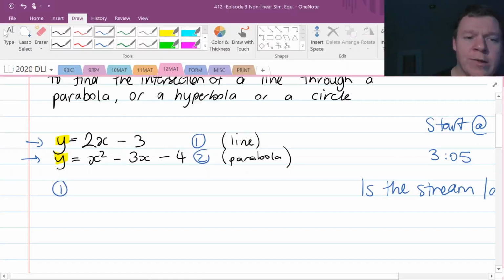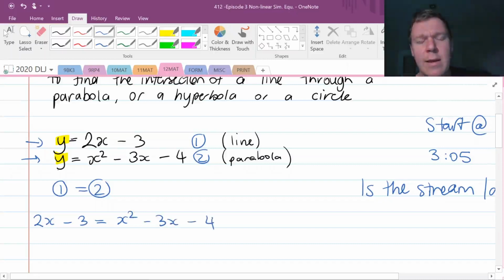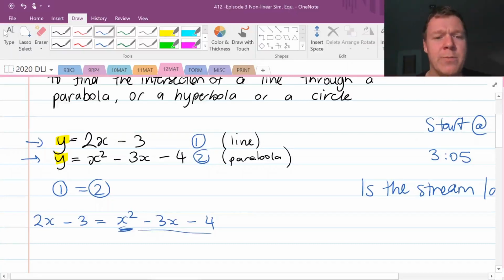So if we set 1 equal to 2, we end up with 2x minus 3 equals x squared minus 3x minus 4. We can't do a lot with this at this stage, but we know we're going to have to solve a quadratic at some point because we've got an x squared term.